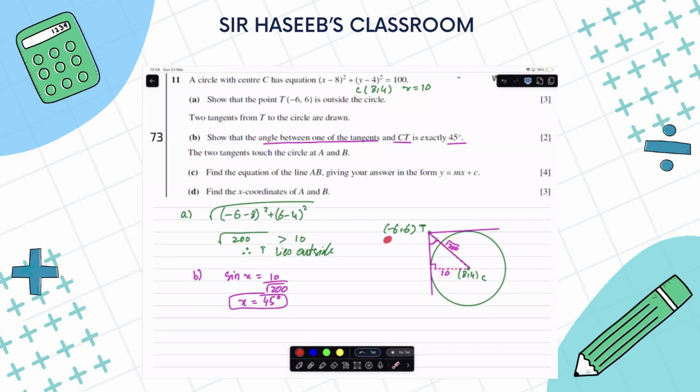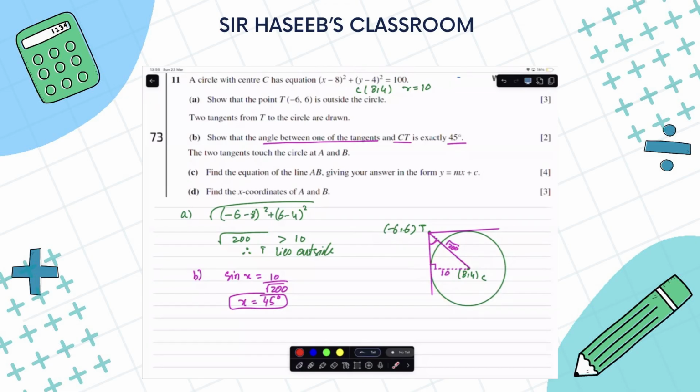So even if I make my T here, let's suppose, then basically this angle will be 90, tangent to radius. This is 10, radius. This is root 200. It will still be 45. Yeah. Okay. So we find the angle using trigonometry, it has nothing to do with the diagram. The diagram I'm just making in order for you to visualize it. Get it?